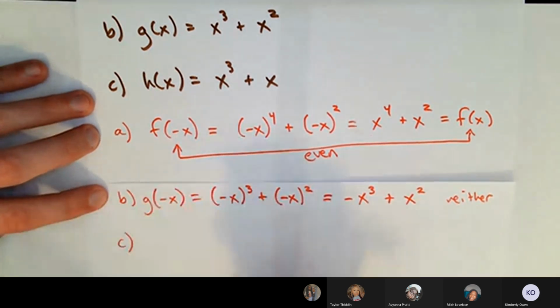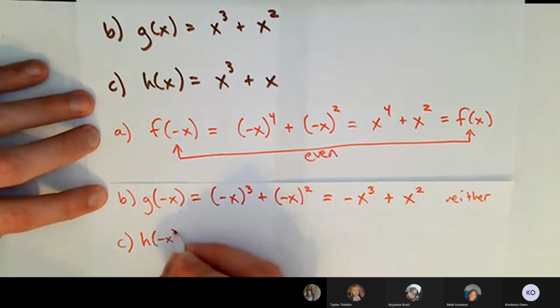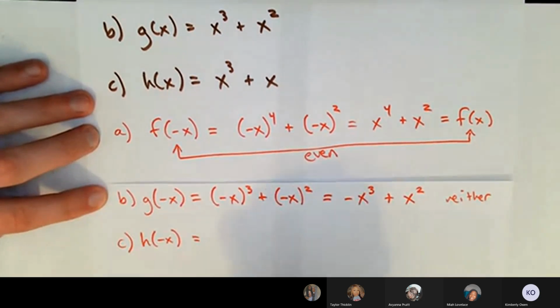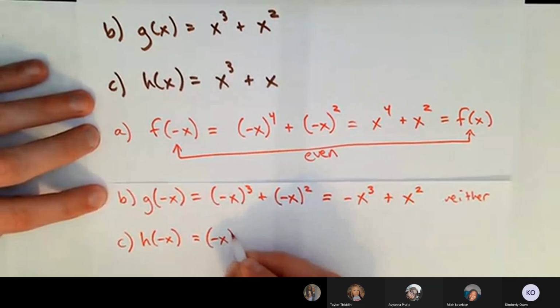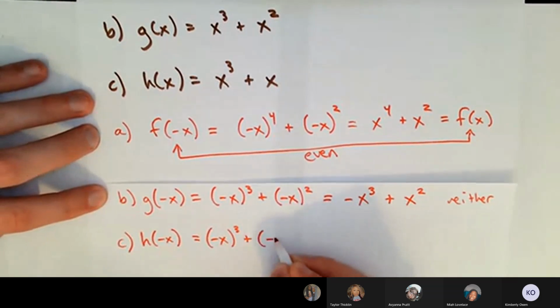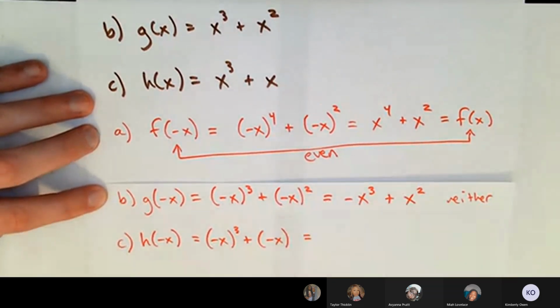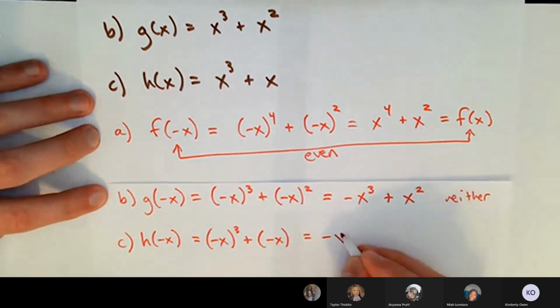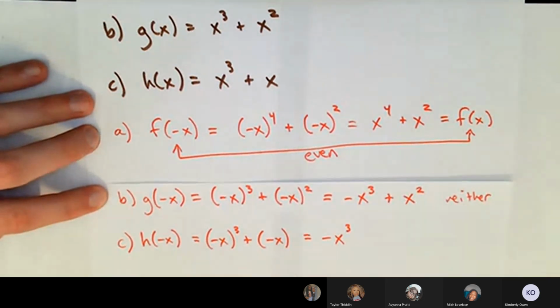And to really point out that difference, let's look at the h of x function, where both of the pieces are odd. What do we expect to happen here? Well, negative x cubed spits the negative on the outside because it's got an odd exponent.